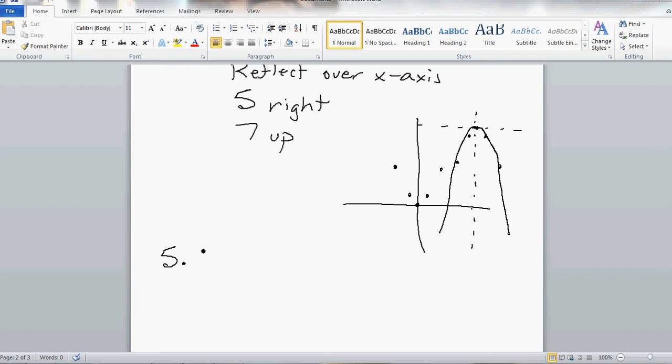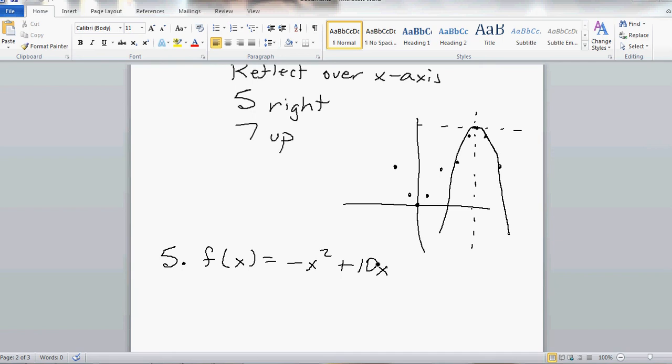Now, suppose that we are given just the equation, and we are asked, as we are in problems 5 and 6, find the vertex and the axis of symmetry. The vertex is really simple, but what we can do here is the first thing we want to do is find the x value for that vertex.